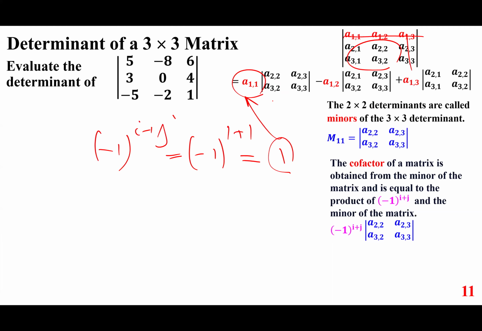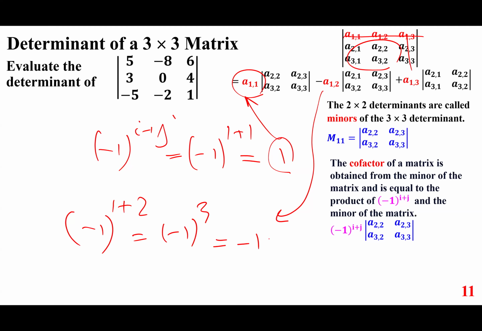That's why this takes a positive sign. But if you look at this one, negative 1 to the power of i plus j means 1 plus 2, negative 1 cubed, and that's negative 1. That's why this has a positive sign, this has a negative sign, and so forth. So minors and cofactors are identical when the sign is positive, and if it takes a negative sign, they are just opposite. That's all.